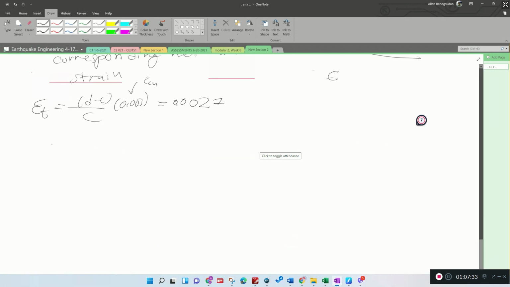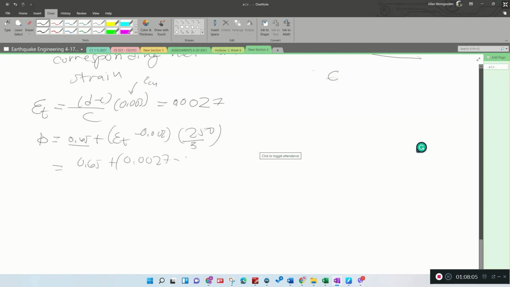So phi is equal to, we have the formula for that, 0.65, which is the threshold value when it is compression controlled, plus this formula, epsilon sub t, 0.0027 minus 0.002, then 250 divided by 3.